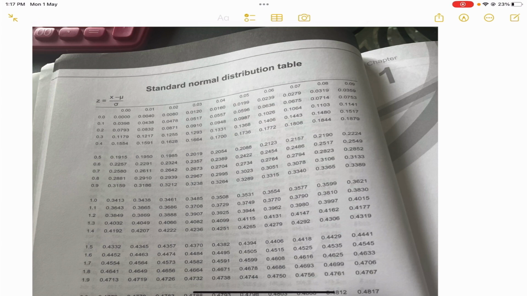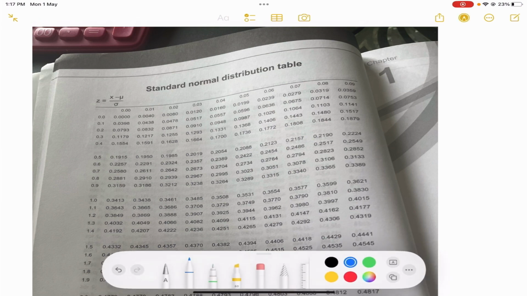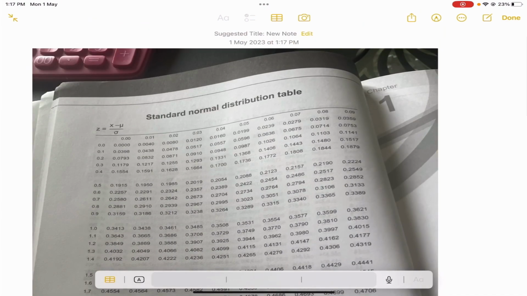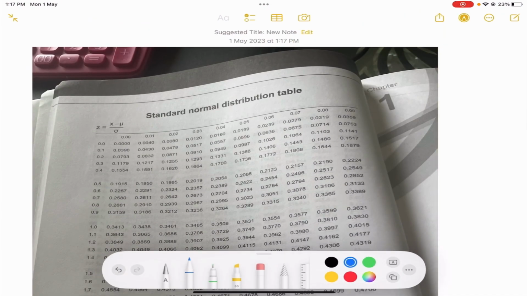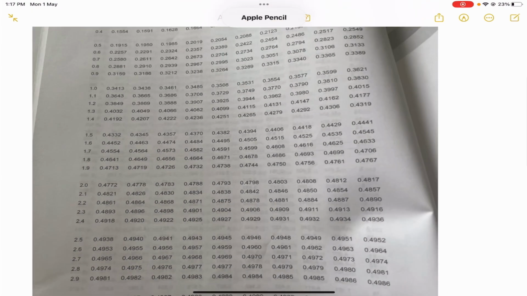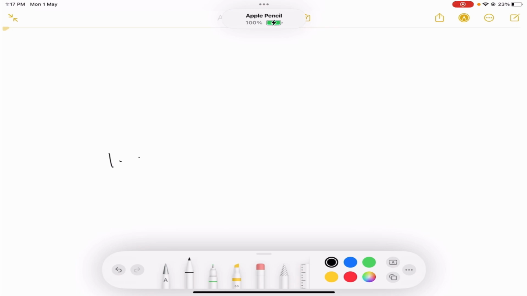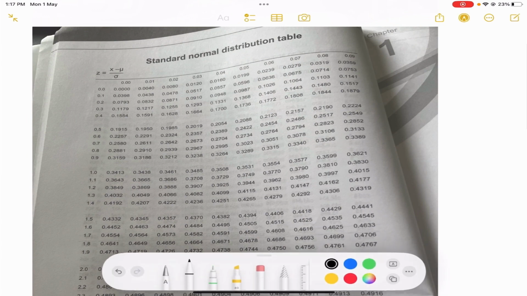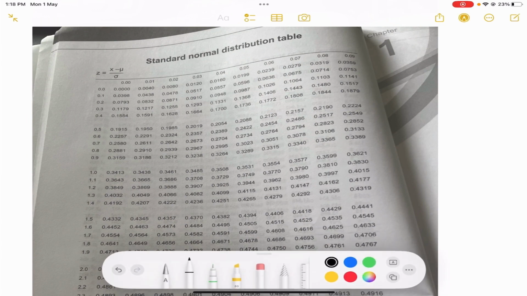I know it looks very confusing, but this is the same thing which we were seeing. If I want to find the value for 1.6, first look for 1 over here.